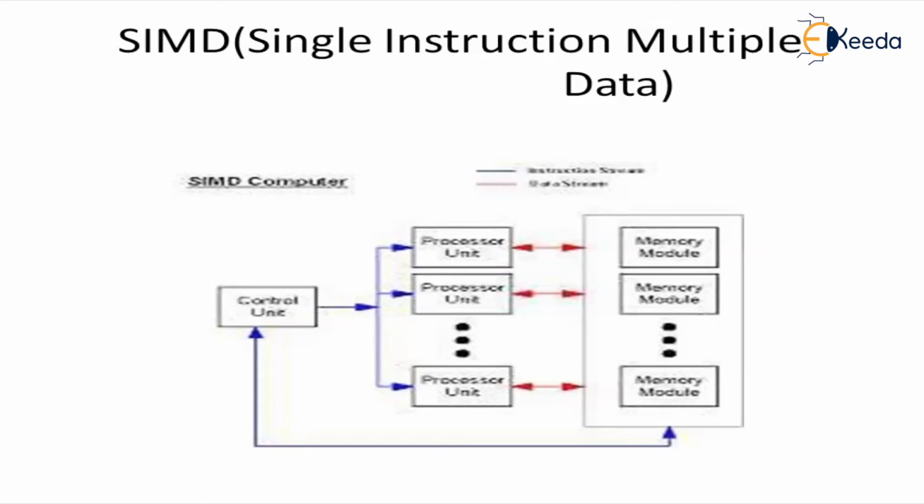The data stream flows bidirectionally between the processor unit and the memory, while the control unit is connected to the processor unit in a unidirectional form. The control unit and the memory unit are interlinked with each other, processing the instructions simultaneously.